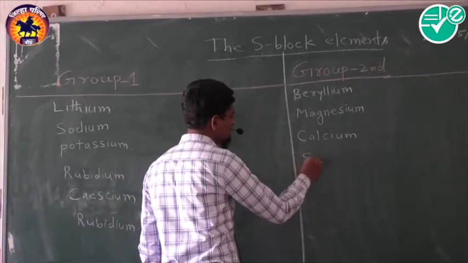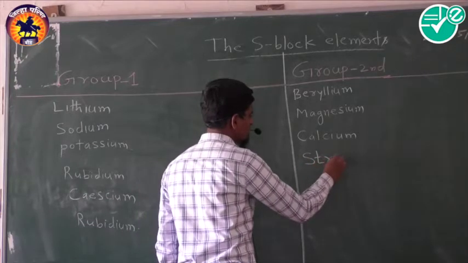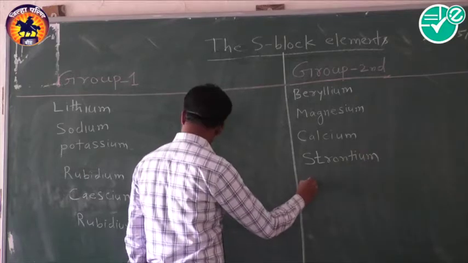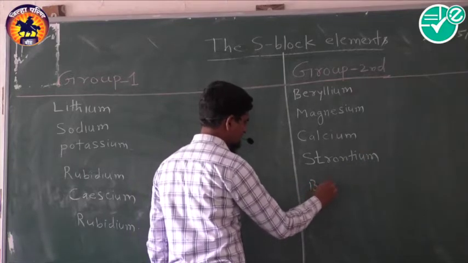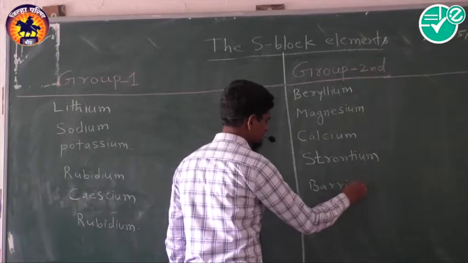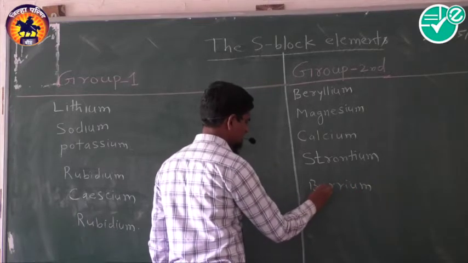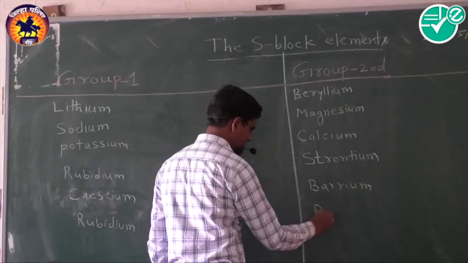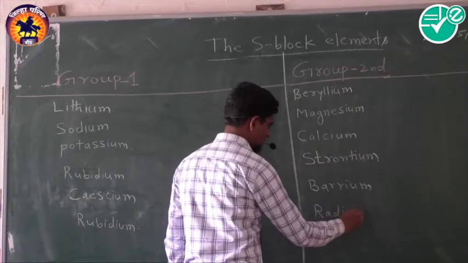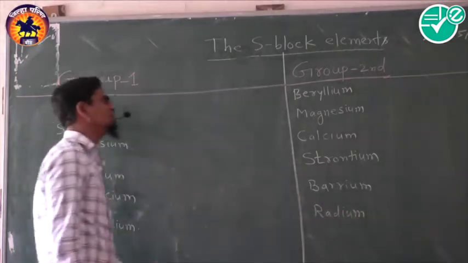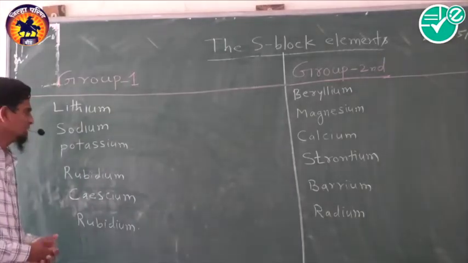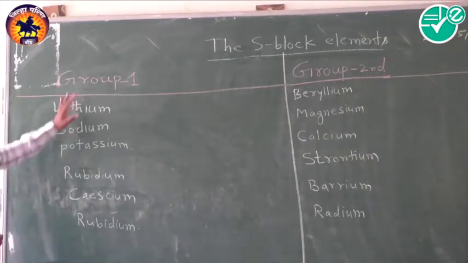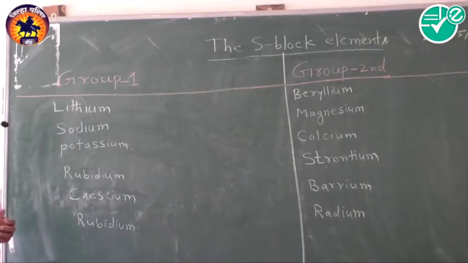After calcium, there is strontium. After that, barium is here. The last one is radium. So these are the elements of this block. All are metals.